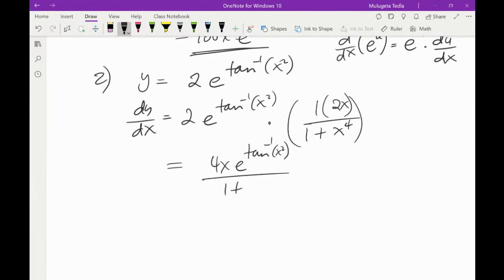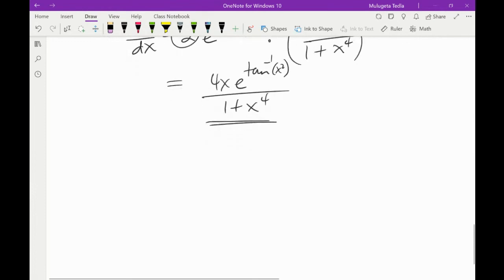On the denominator, I got only 1 plus x to the 4. That was the answer. The 2x times the 2 is 4x. Okay, all right, this much is enough from here.